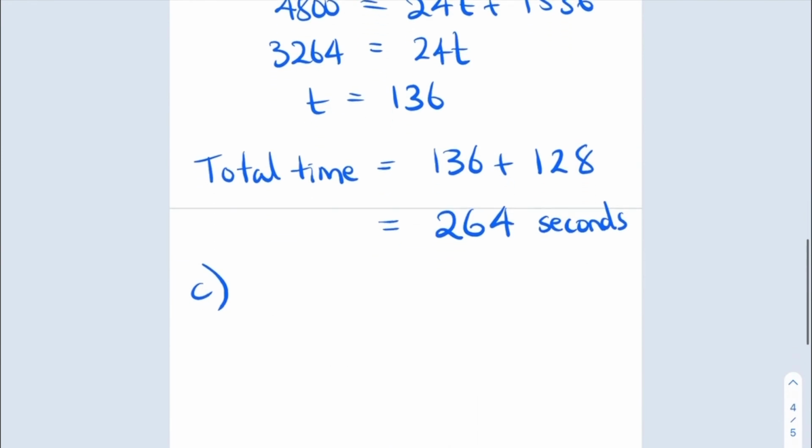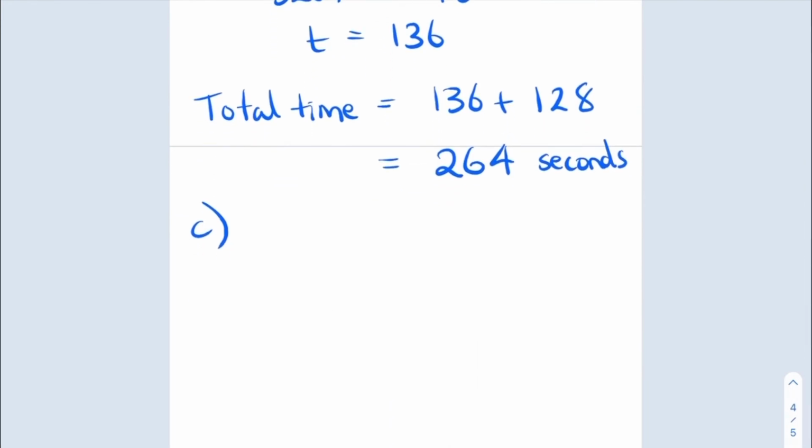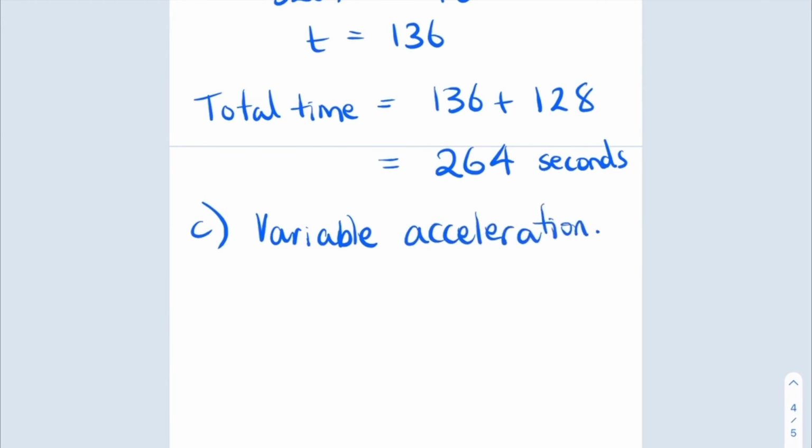That's not how trains tend to move. What you would expect more typically from a train is variable acceleration, in which case you would not be able to use the SUVAT equations. So you wouldn't carry on using the SUVAT equations and assume constant acceleration in these questions. But other questions, of course, may ask you to use calculus when you have variable acceleration.